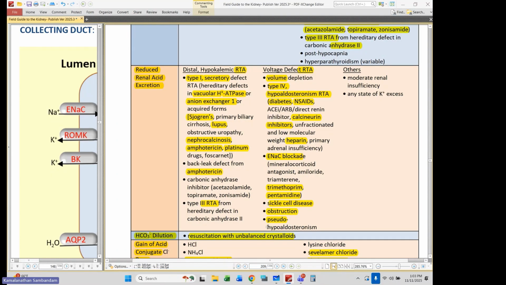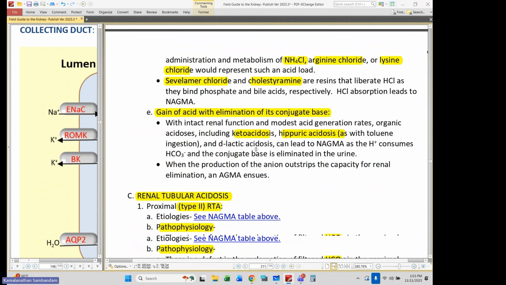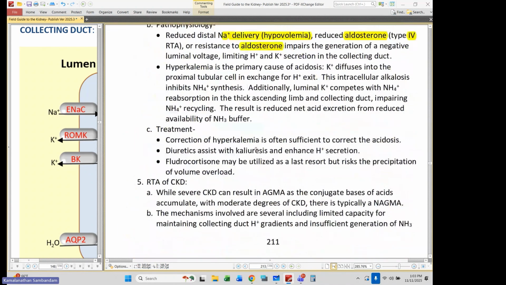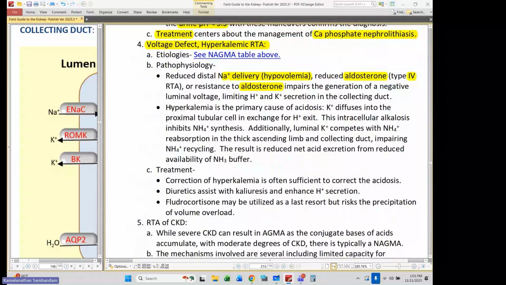And then there are cases of aldosterone receptor defects in which it looks like hypoaldosteronism, but the problem is in the mineralocorticoid receptor.